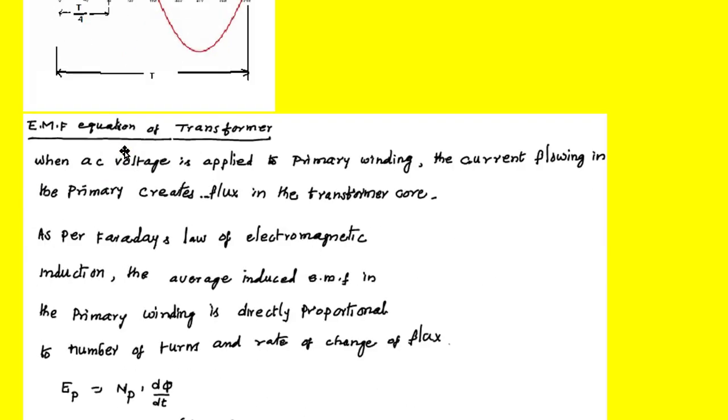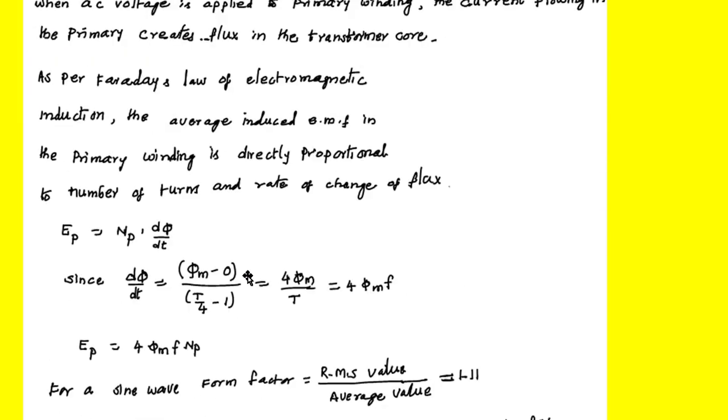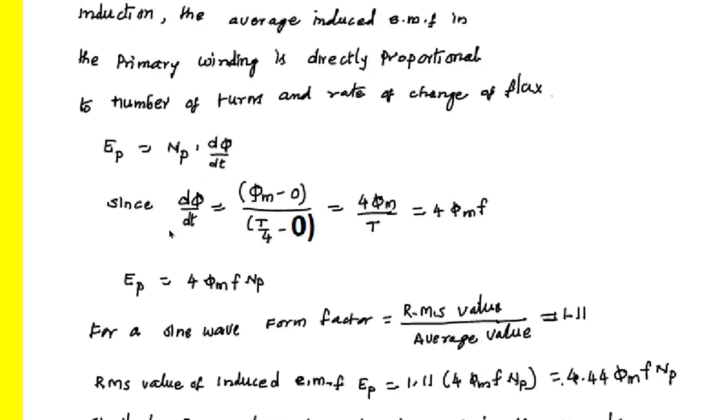So we can write the flux reaching in T by 4 from 0 to maximum. So d phi by dt is equal to phi m minus 0 divided by T by 4 minus 0.